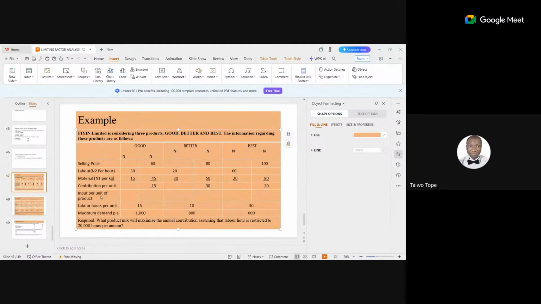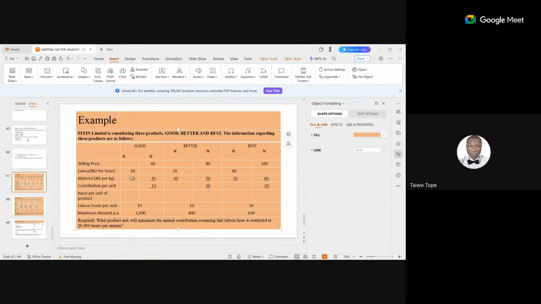You have 15. It means you spent 15 hours to produce 1 unit of good. Take note of these workings here. It's very important, so that when you go to solve another question, you will not find it difficult to get that.